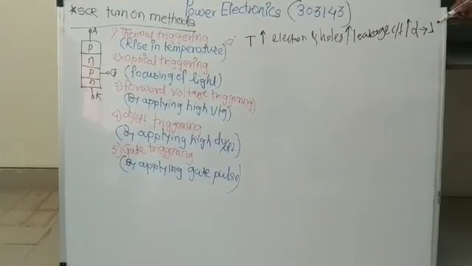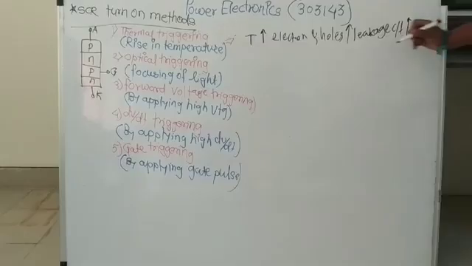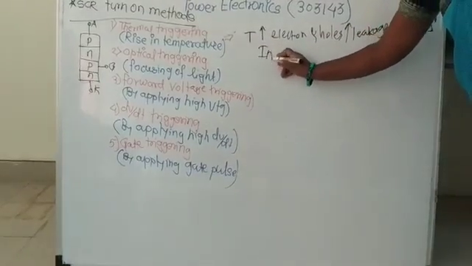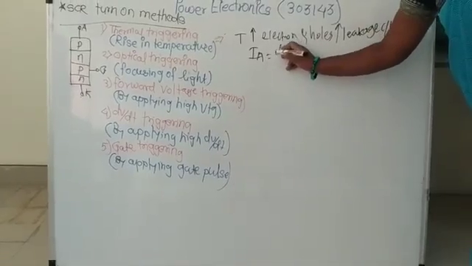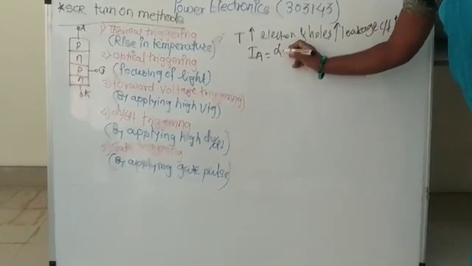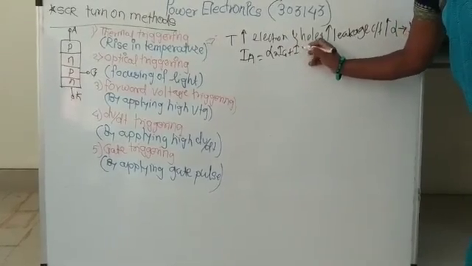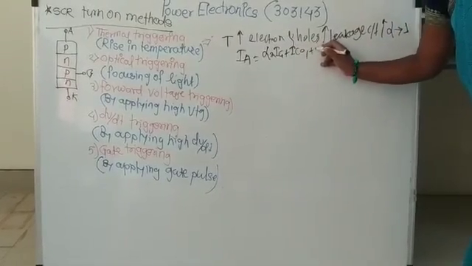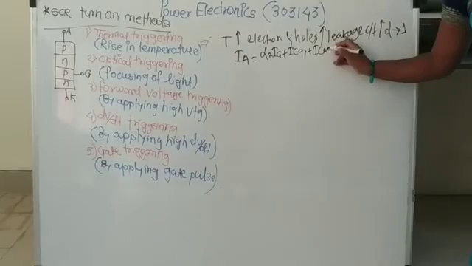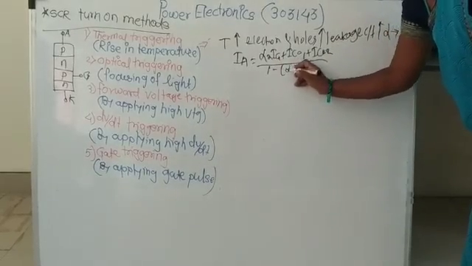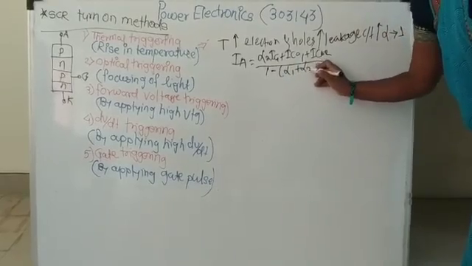And when alpha tries to become 1, at that time we know the equation for anode current IA is equal to alpha 2 Ig plus ICO1 plus ICO2 upon 1 minus (alpha 1 plus alpha 2).